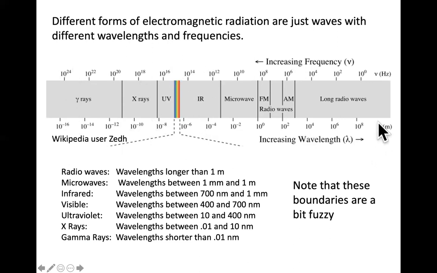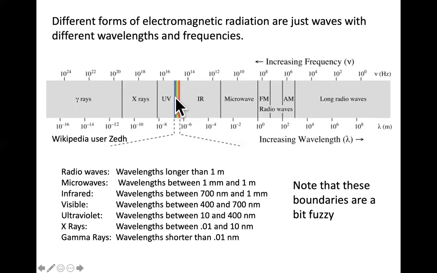The wavelength can go from 10 to the 8 meters, which is many, many kilometers, like 100,000 kilometers, all the way down to 10 to the minus 16 meters. So the scale of atoms. These are all the same type of electromagnetic oscillations, but they're given different names because they interact with matter so differently.